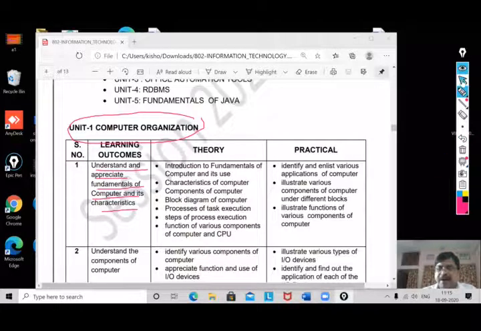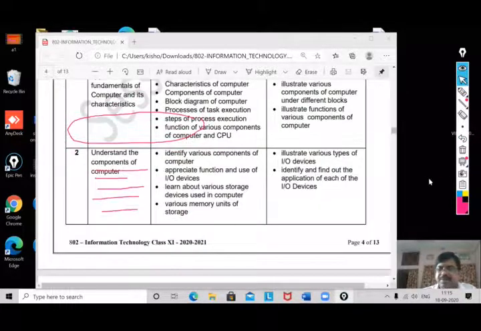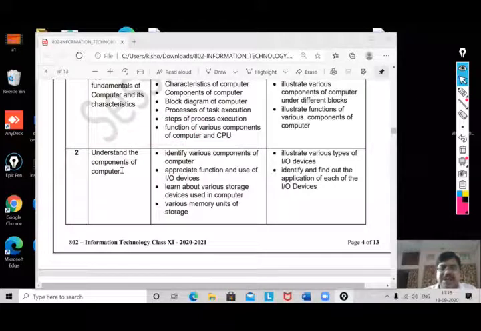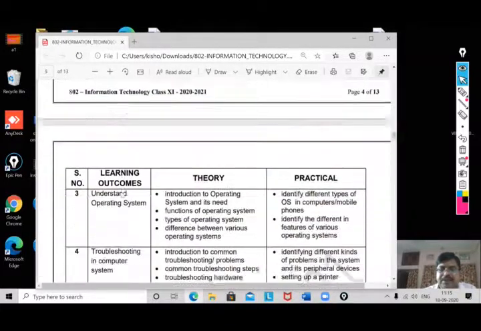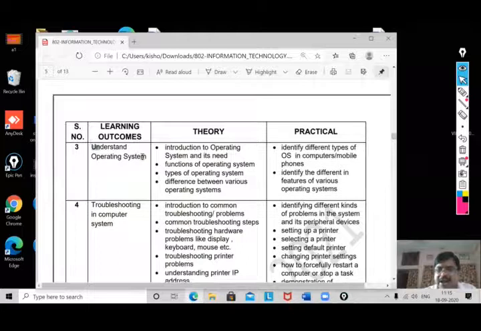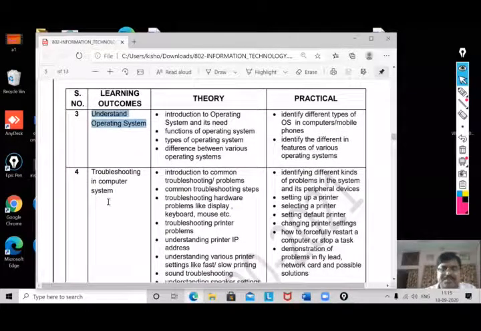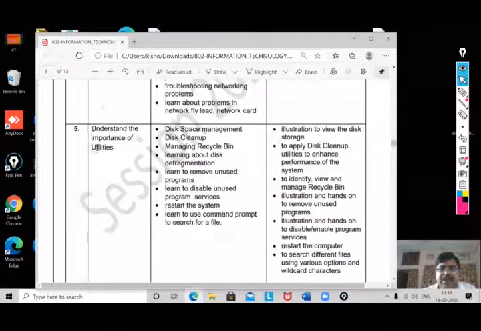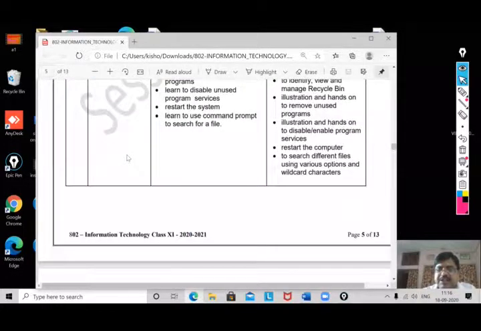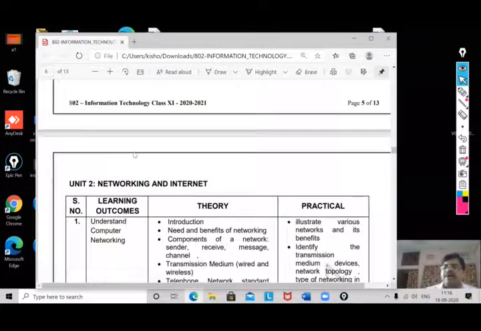Now the next part that you have to read, understand the components of computer. Next part, understand operating system. Next, troubleshooting in computer system. Next, understand the importance of utilities. These all are in unit 1.